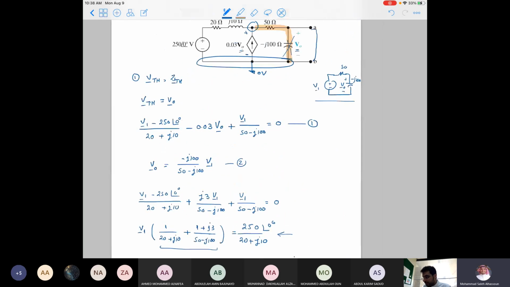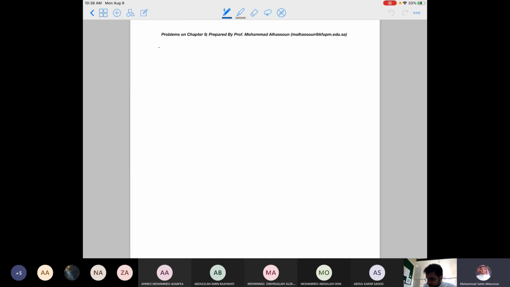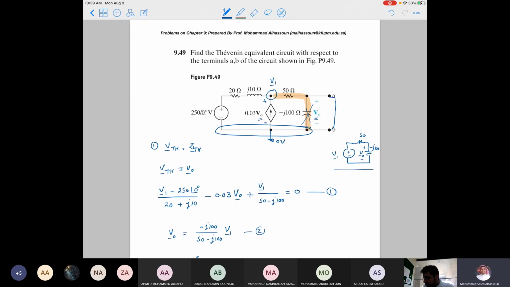So let's see how the circuit looks. And this is the location of the current source, but since here we are trying to find the short circuit current, we have a short circuit in parallel with negative J100, and the parallel combination of them will be a short circuit.